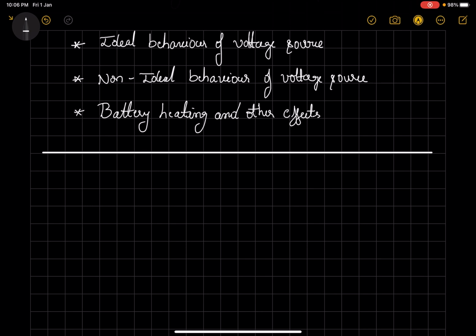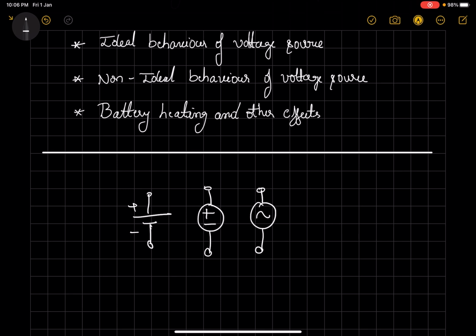A battery in an electronic circuit is represented by this symbol, or they're usually represented by this symbol. If time varying, they're usually represented by this symbol.